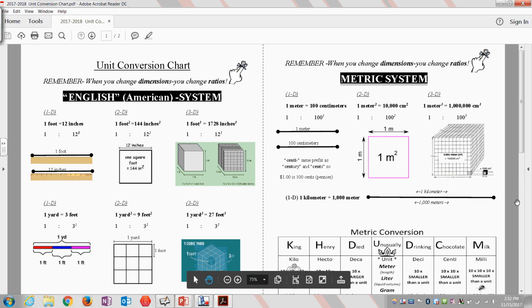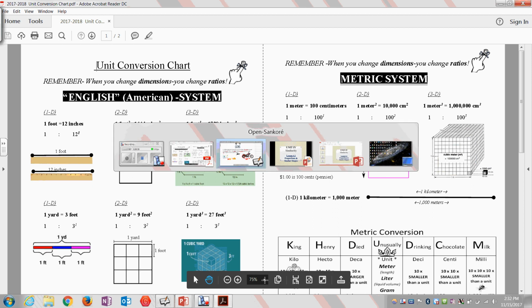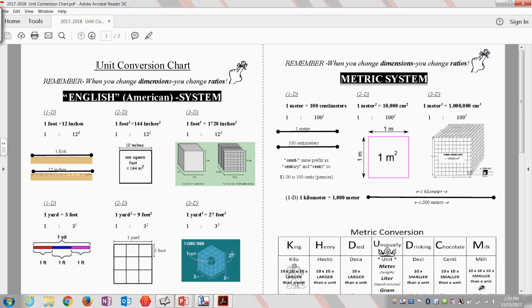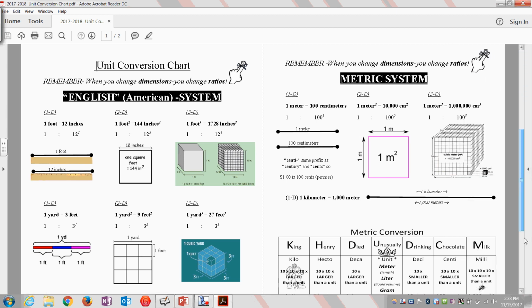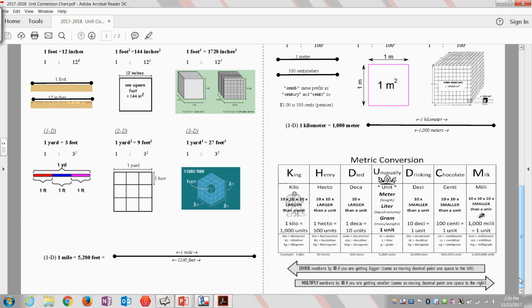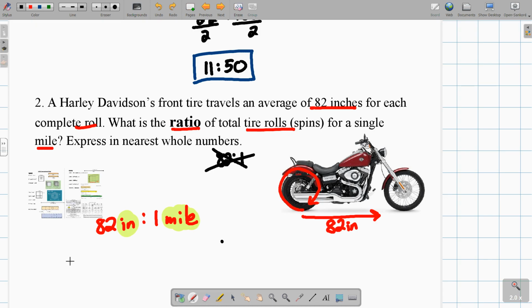This should be common knowledge, folks. In 1 mile, there's 5,280 feet. You should have that memorized.